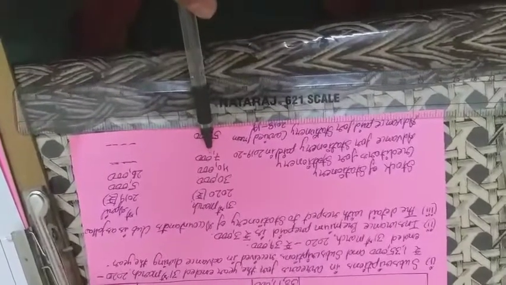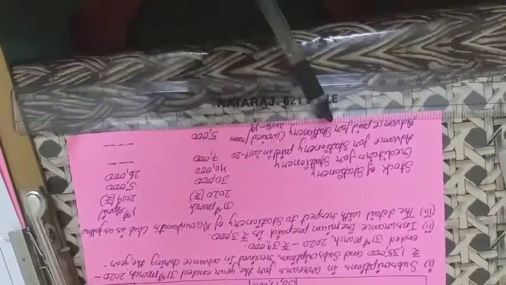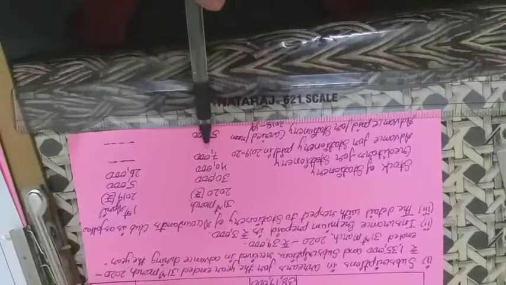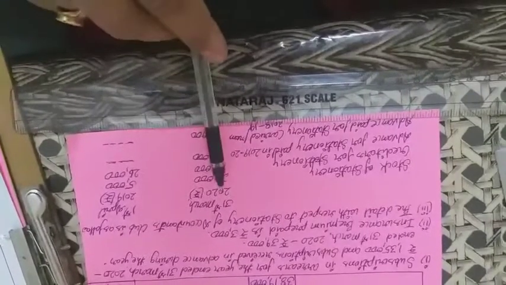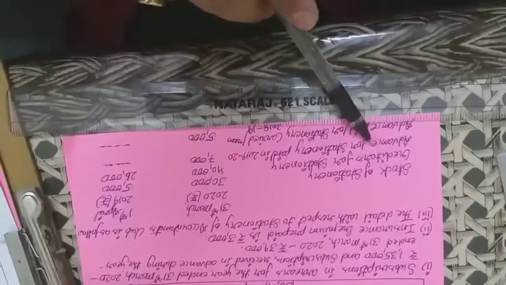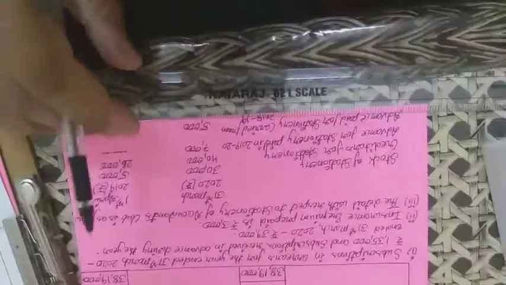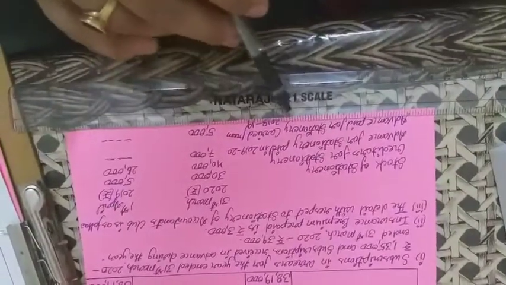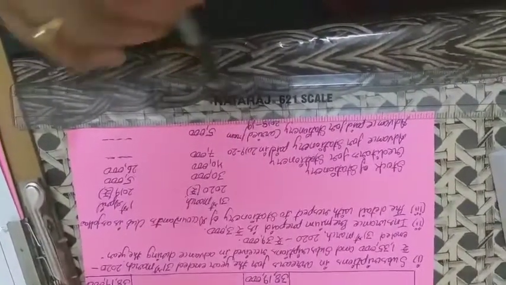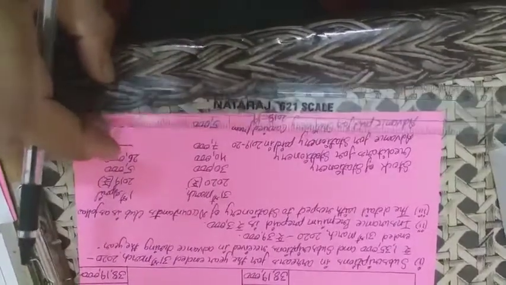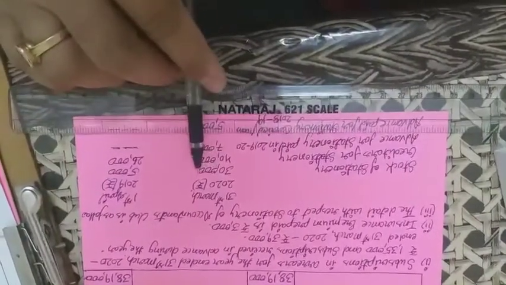Advance for stationery paid in 2019-20, on 31st March 2020, 7,000 rupees. So it is the last date and it is related to advance. This advance is related to next year, we have to remember. Then, advance for stationery carried from 2018-19, rupees 5,000, is also given on 31st March 2020.